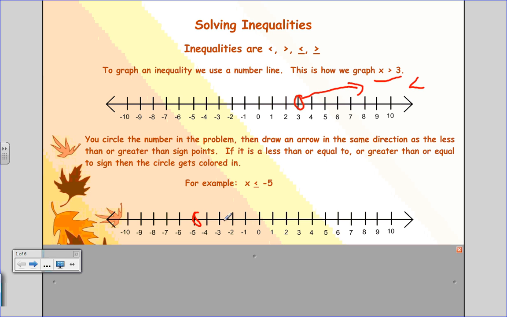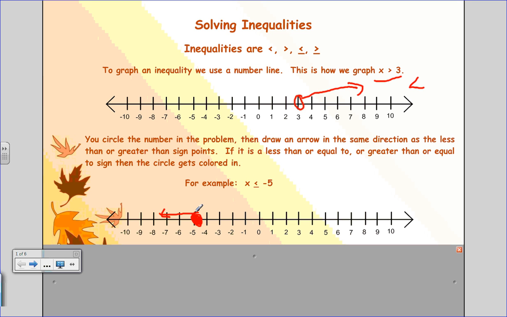It's less than, so I'm going to draw the arrow to the left. But since it was equal to, had the bar down below, I'm going to shade my circle in.